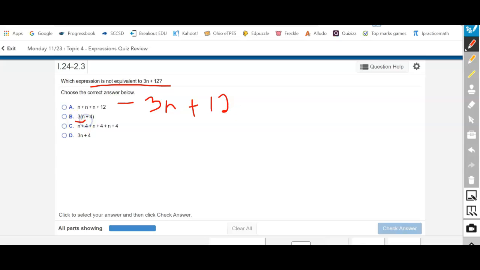This one you should distribute. 3 times n is 3n, plus 3 times 4 is 12, that one is. This next one, 3 n's again. 4 plus 4 plus 4 is 12. So this one has to be the answer. It's not equal because the 3 n's are equal, but the 4 and the 12 are not equal.